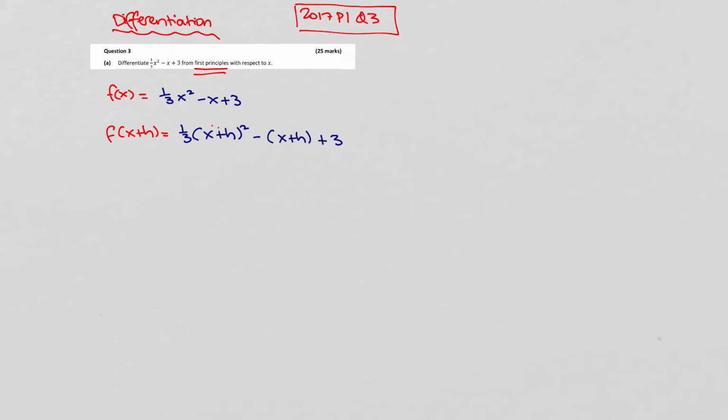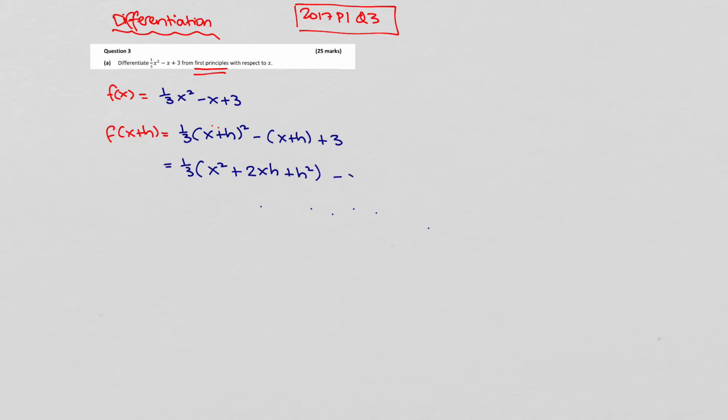So before we go on to the next step, we want to simplify by multiplying out our brackets. So we have x plus h squared, so that's x plus h multiplied by x plus h. So that gives us square the first, x squared, multiply the two terms and double it, so that's x by h and then doubled. And then square h, which is h squared.